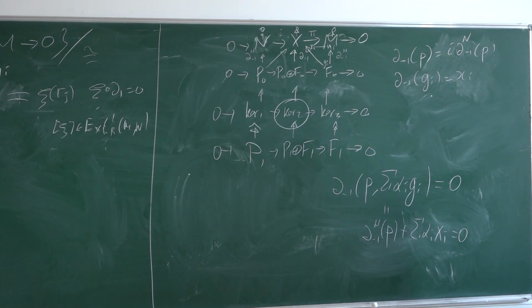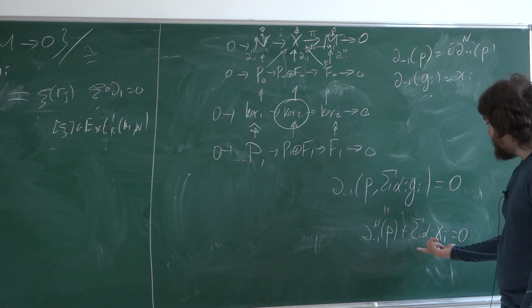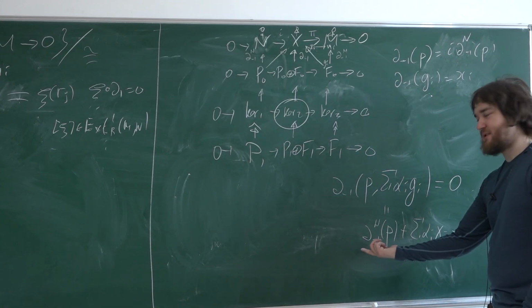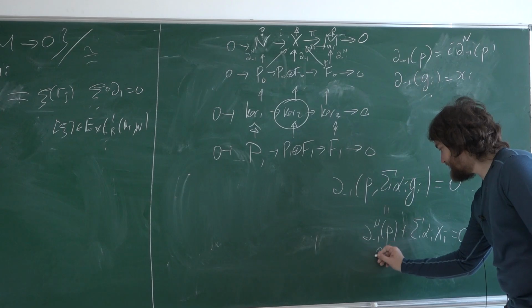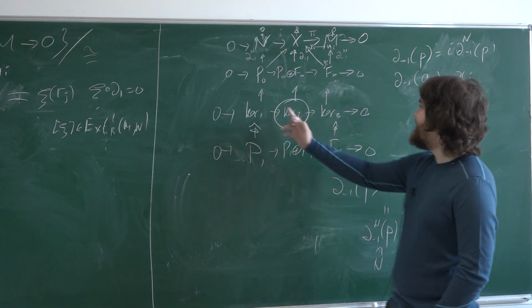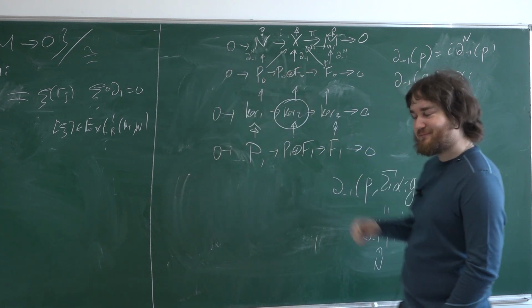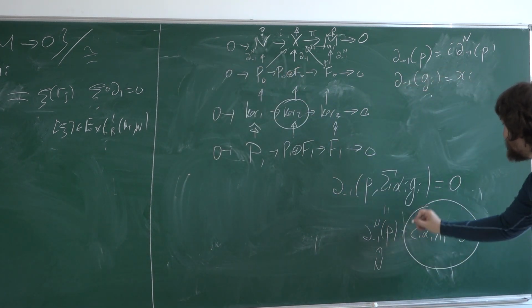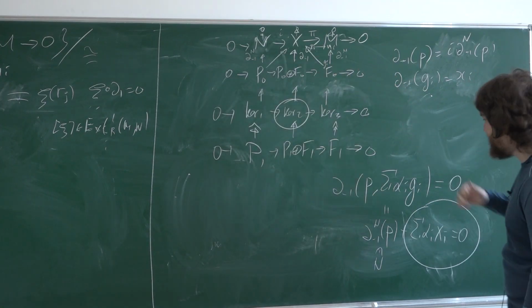This means at first that this element is in n, because the image of these differentials goes to n. So this element is in n, so it's in the kernel of M.